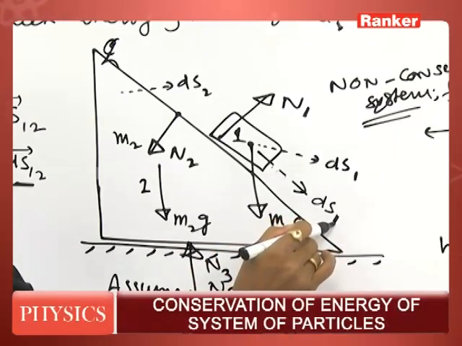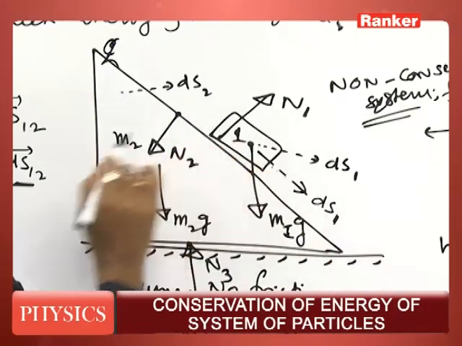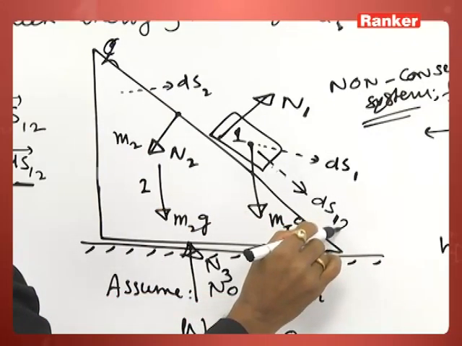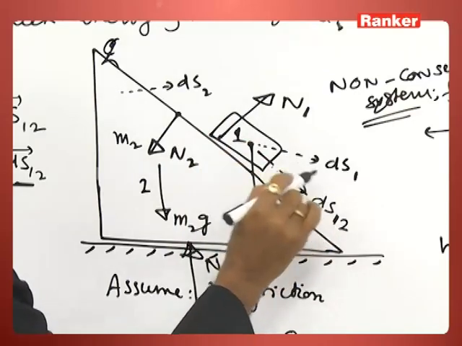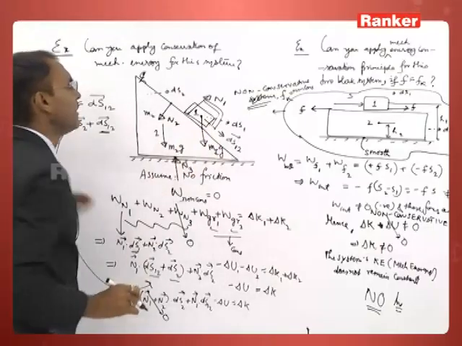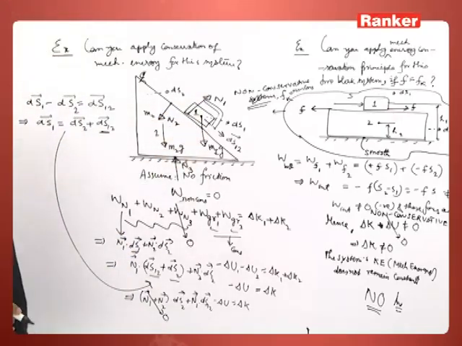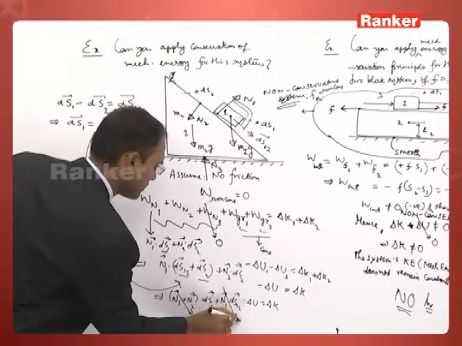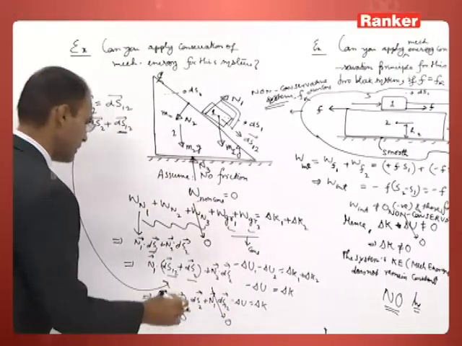So, I can assume that the block moves with respect to the wedge in this direction, and this is perpendicular to the N1 vector. Therefore, N1 dot ds12 is always 0.